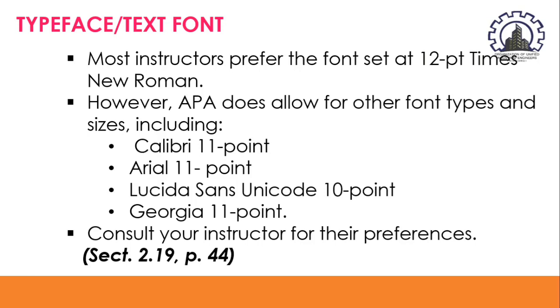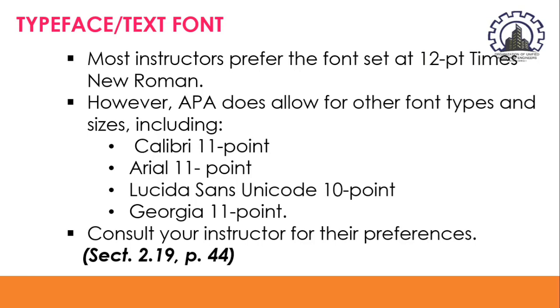The font sizes and font styles include Calibri 11-point, Arial 11-point, Lucida Sans Unicode 10-point, or Georgia 11-point. Now, you need to consult your instructor for their preferences. So this is under section 2.19, page 44.